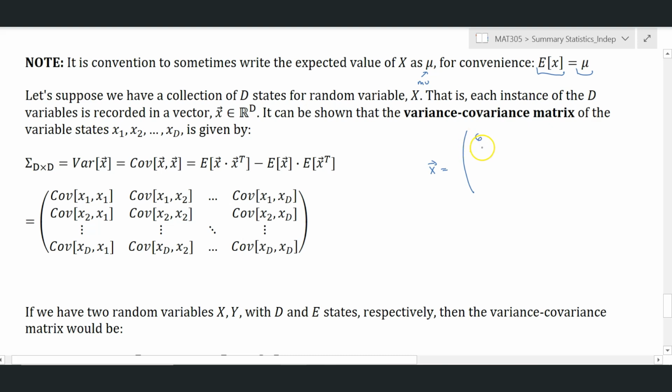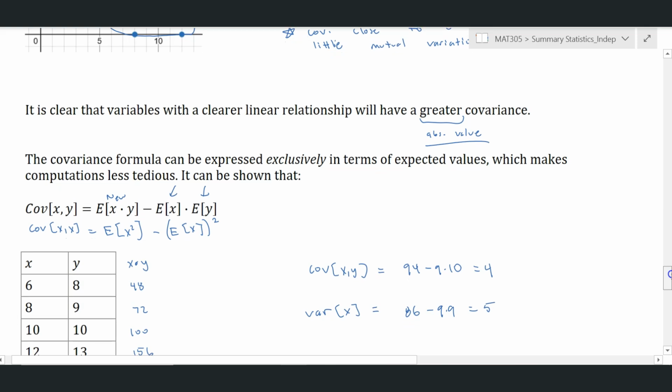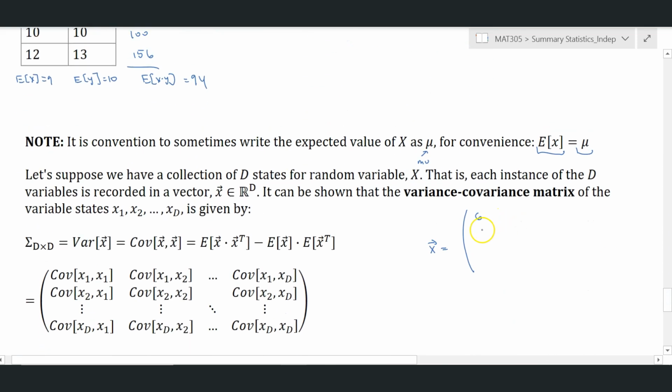So maybe we have that 6-year-old who plays for, we determined, 8 hours, and maybe they weigh, I don't know how much 6-year-olds weigh right off the top of my head, but we'll say 70 pounds. And so 8 hours outside, and then 70 pounds, and then maybe 42 inches tall, and so on.